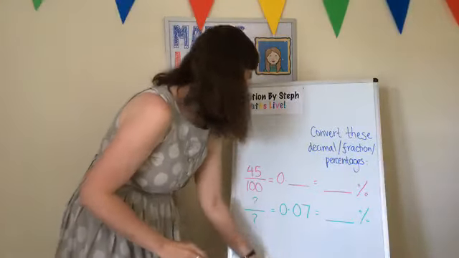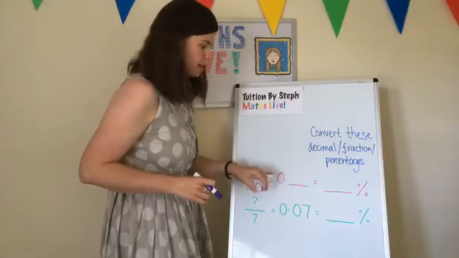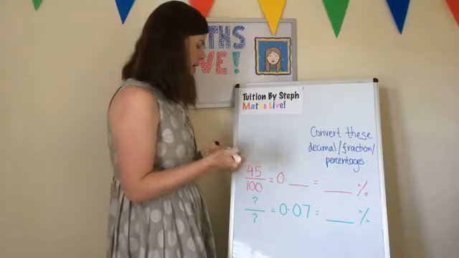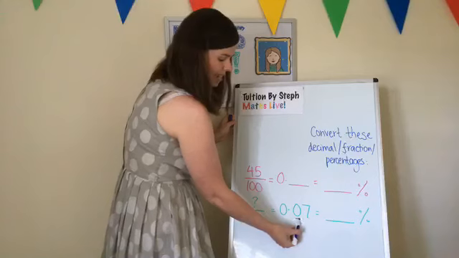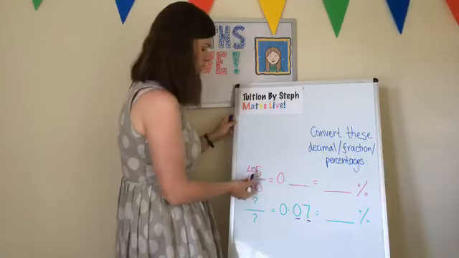So, converting these. The best way to do this is to focus on the decimal, because we use decimal place values. So remember, the first part of the decimal after the decimal point is tenths, and then it's hundredths, and then it's thousandths. So we go to the first one.